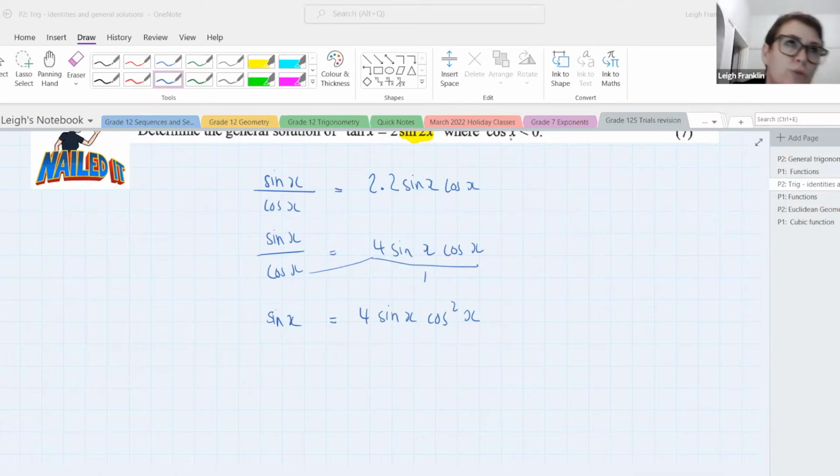It's not an identity, because essentially you are getting rid of one of your solutions. You're only allowed to divide sine theta by cos theta, because the angles are the same and it's an identity. So you cannot divide by sine theta.